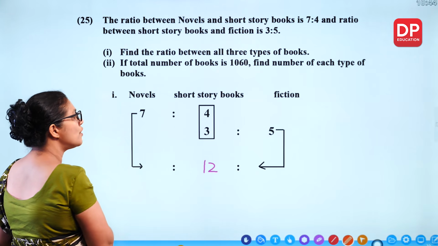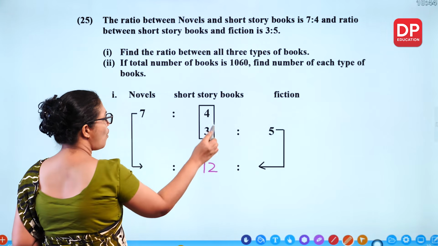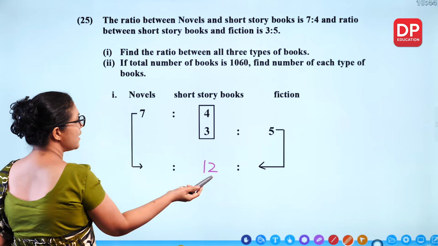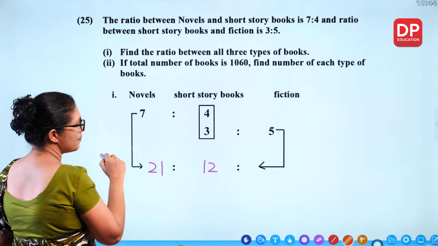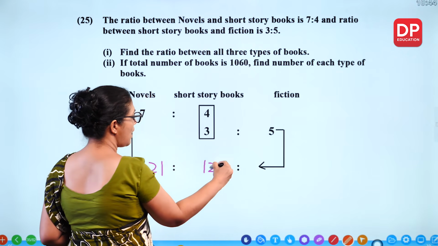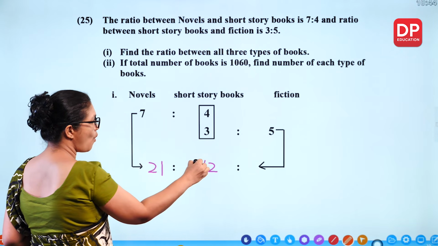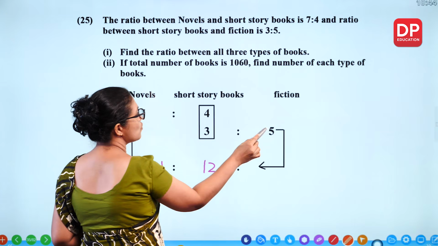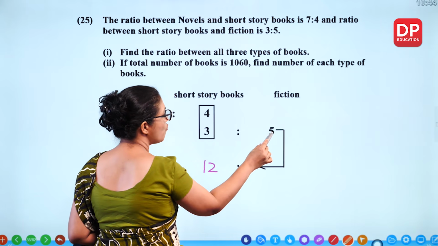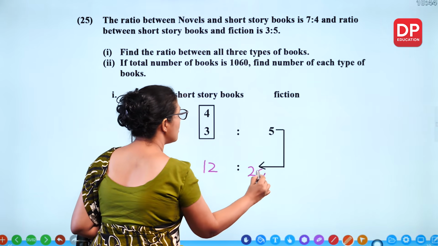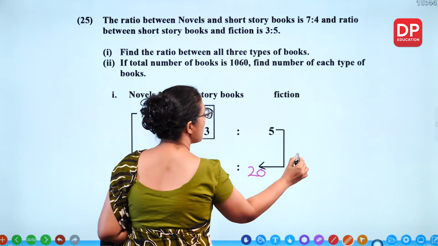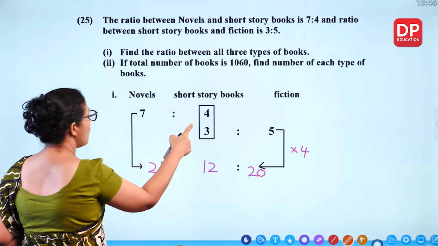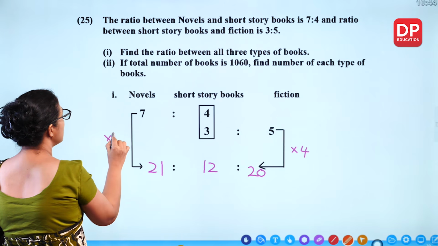So you need to convert to 12. 4 to 12 multiplied by 3. 3 times 7, 21. Here 3 to 12, that means multiplied by 4. 3 times 4, 12. So multiply this by 4. 4 times 5, you get 20. So I can write this multiplied by 4. This multiplied by 3.